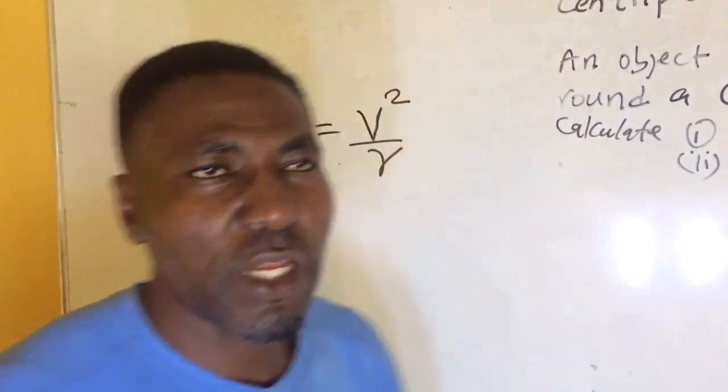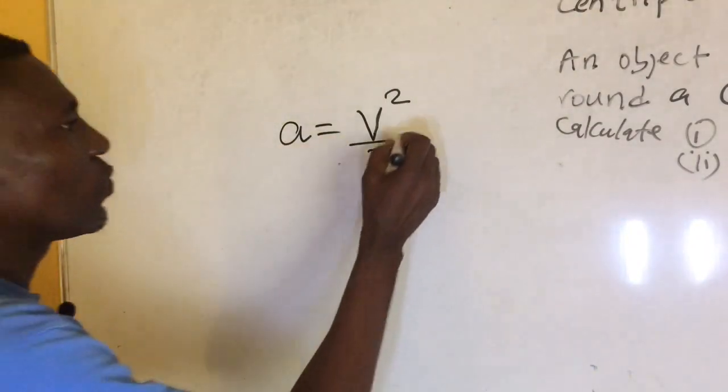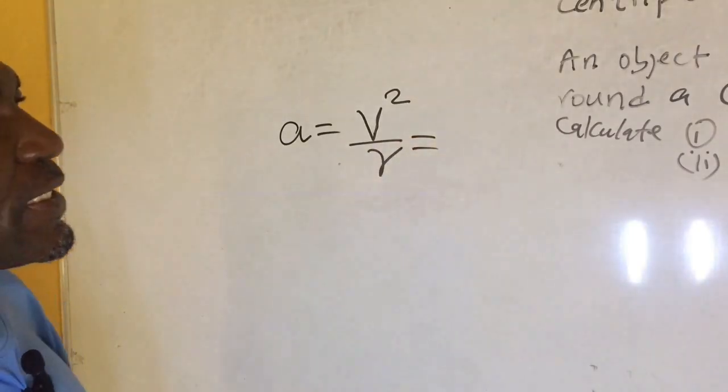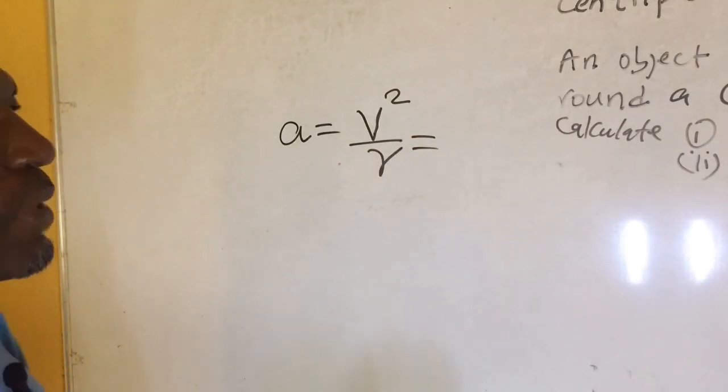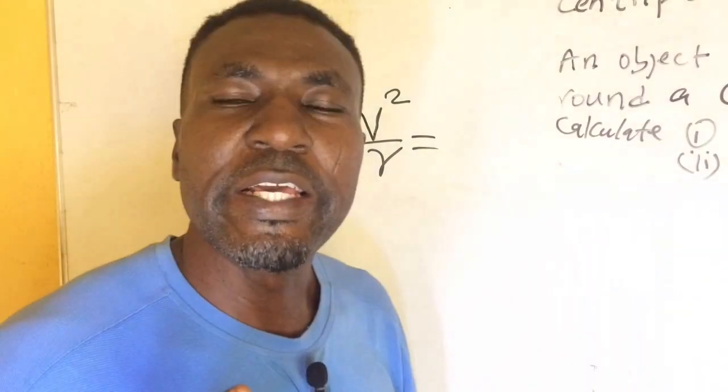Now the answer. They say that an object of mass 50 kg moves at 10 meters per second.